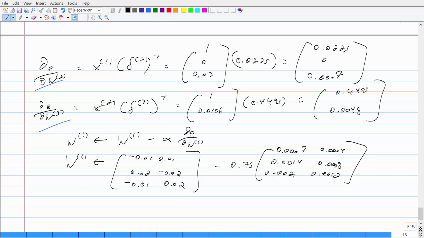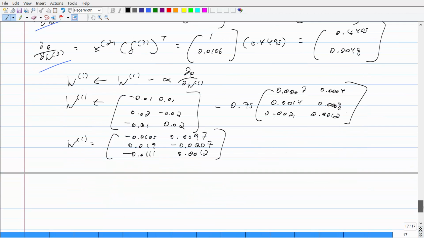When you calculate this, the final update to this matrix is equal to minus 0.0105, 0.0097, 0.019, minus 0.0207, and then the last rows are minus 0.0111 and 0.0012. Okay, so that's the weight matrix. That's what the updated weight matrix would be once you calculate the gradients.